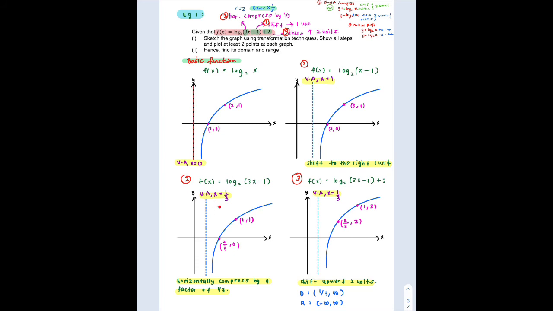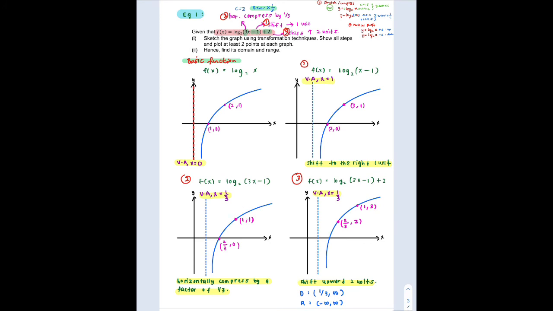So your vertical asymptote now is x equals 1 over 3. Just draw the graph. Even though this is compressed horizontally, the graph looks the same, but you must change the x coordinate. This 2 here, multiplied by 1 over 3, becomes 2 over 3. And 3 here, multiplied by 1 over 3, the x coordinate becomes 1.